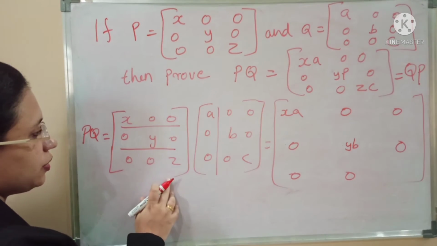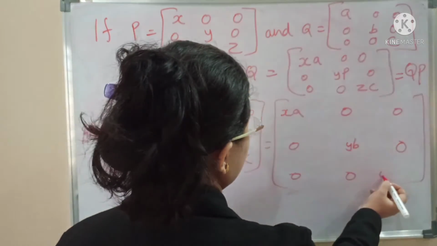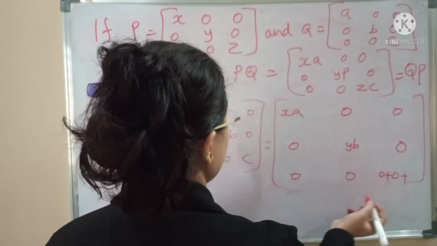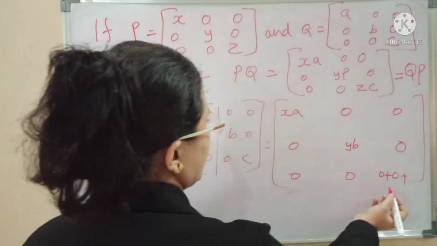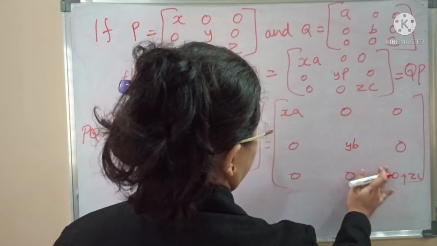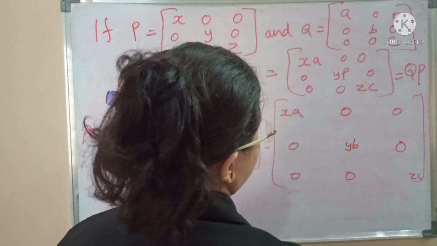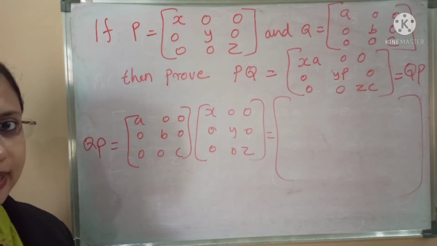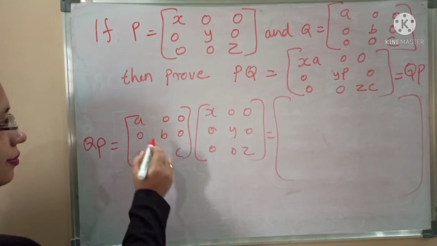Again, third row, third column: 0 into 0 plus 0 into 0 plus z into c, zc. Okay, so let's see our QP matrix.